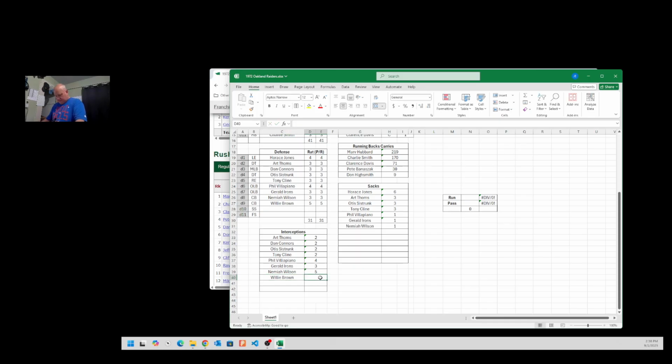Willie Brown is a W4. And a QS1. And then you've got George Atkinson as your strong safety. And he's a 3. And he's a W4.